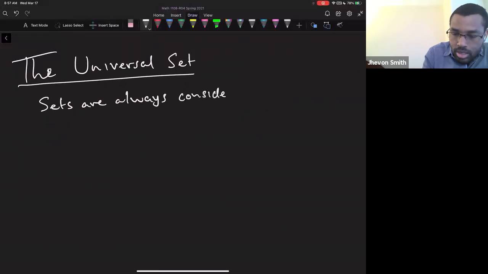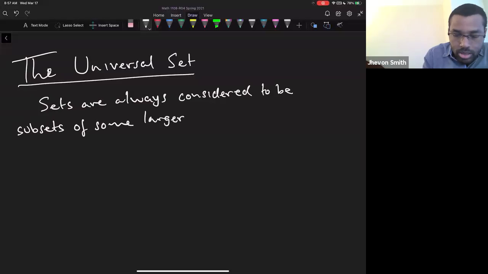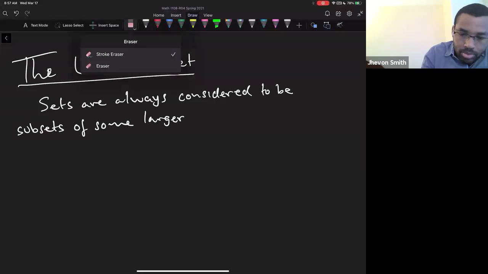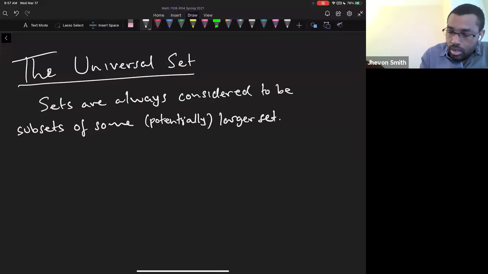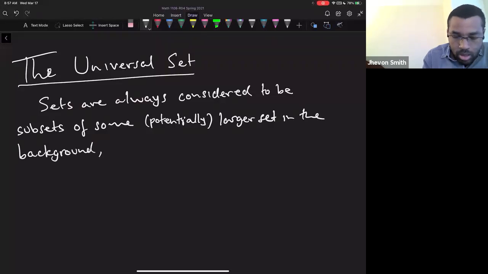So sets are always considered to be subsets of some larger set, potentially larger, in the background, called a universal set.